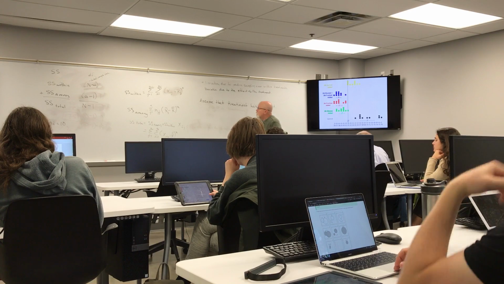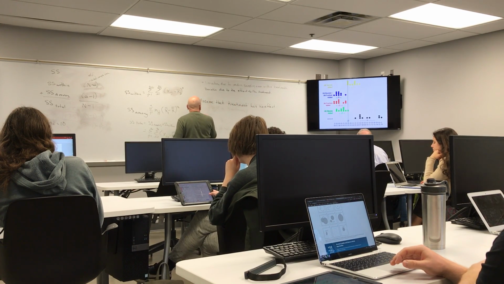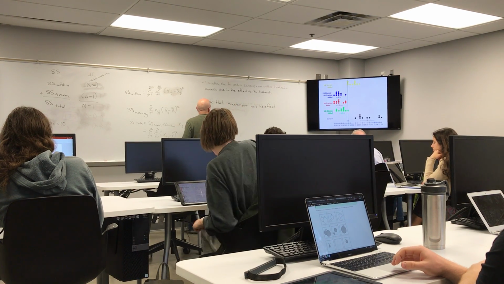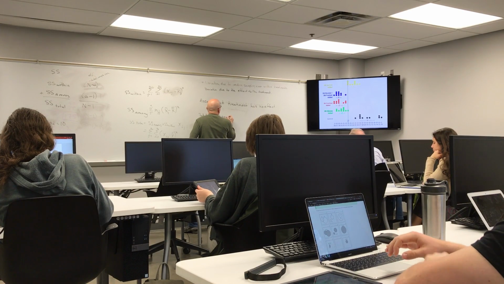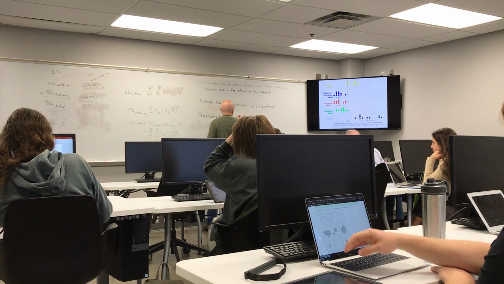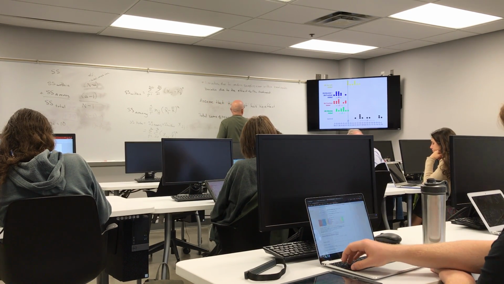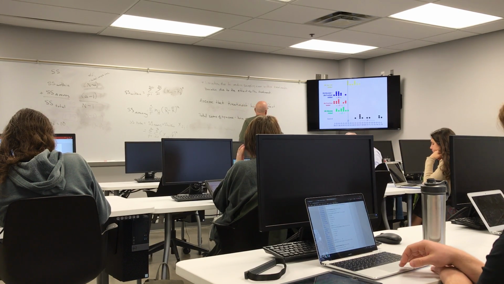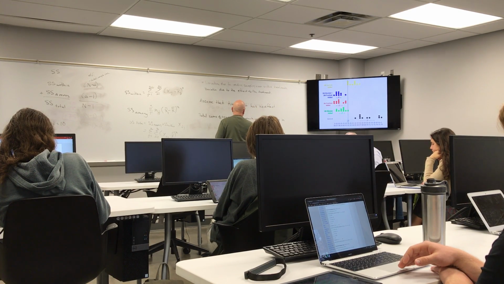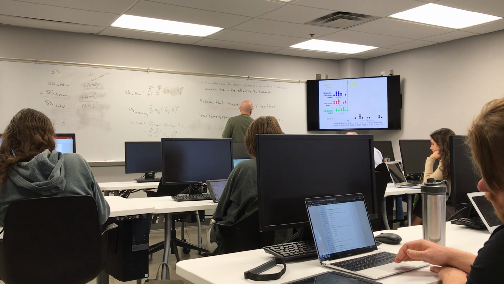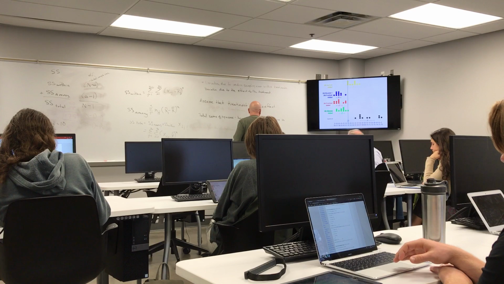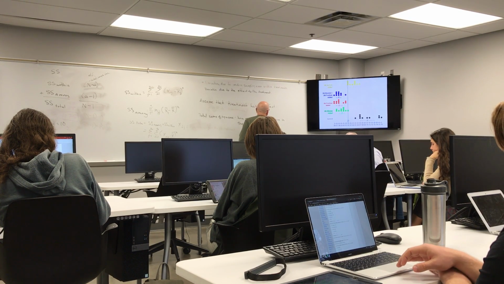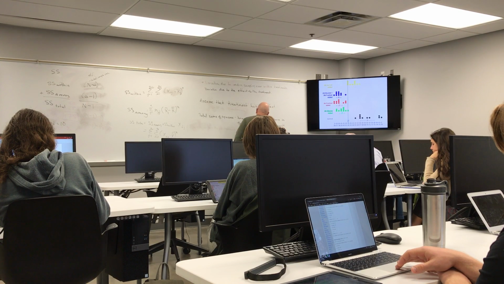And so the total sums of squares is basically how much variation is there in the data, if treatment doesn't explain anything.